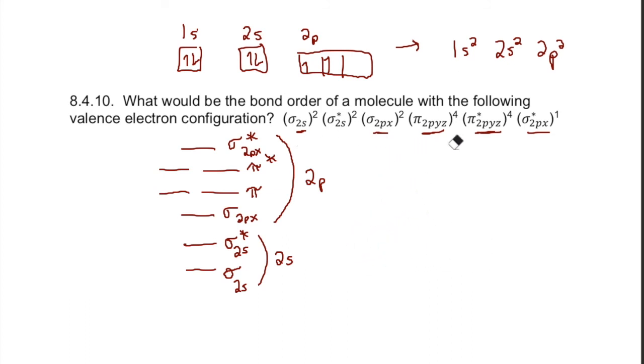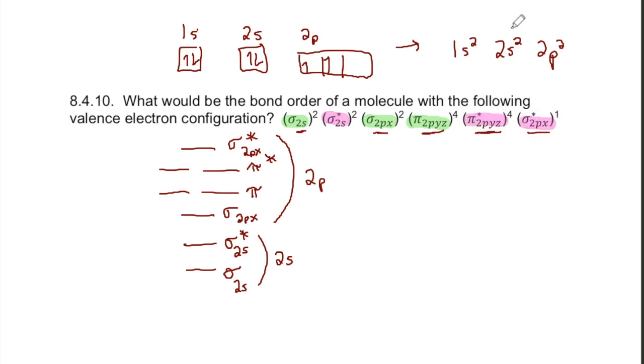So if we wanted to draw an electron configuration rather than an orbital diagram for these molecular orbitals, we could write it like this. If we wanted to, we could draw a molecular orbital diagram to match what this electron configuration is, but we could also just mark off which ones are bonding and which ones are anti-bonding.